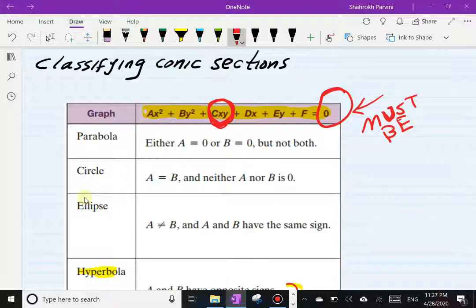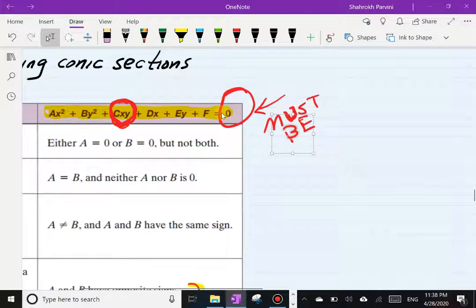If there is an xy term, where a or b is present and c must be there, the effect of this xy term is to cause the conic section to rotate.